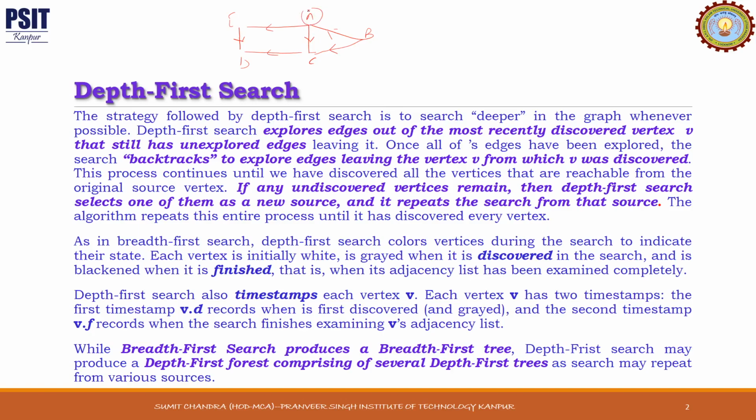So I will start with this vertex, and I will go to either E or C. Suppose I go to E, then I will discover D, and then at D I will check whether any neighbors of D are left for discovering or not. When all the neighbors of D have been discovered, or the whole adjacency list has been examined, we are done with this vertex.